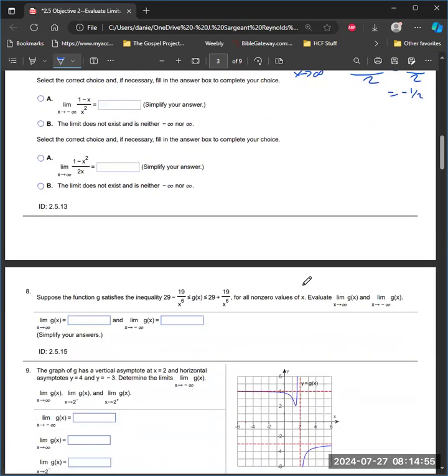Now let's look at this next one. Limit as x goes to negative infinity of 1 minus x over x squared is going to be limit as x goes to infinity of 1 over x squared minus 1 over x. 0 minus 0 is 0.